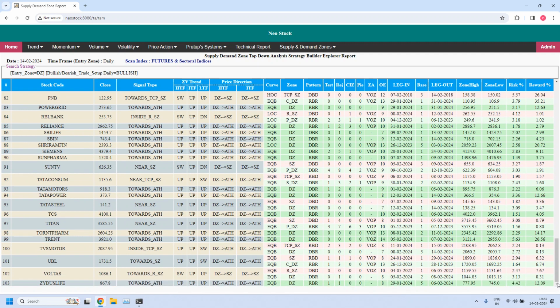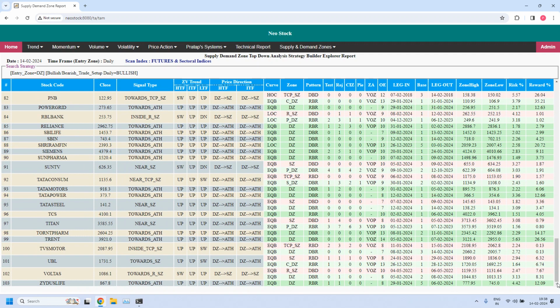Currently 103 stocks are supporting bullish trade setup. These 103 stocks are 17 indices and 183 equity stocks listed in the F&O segment.